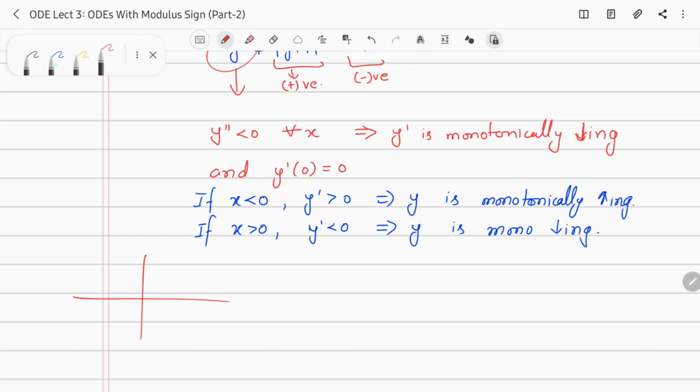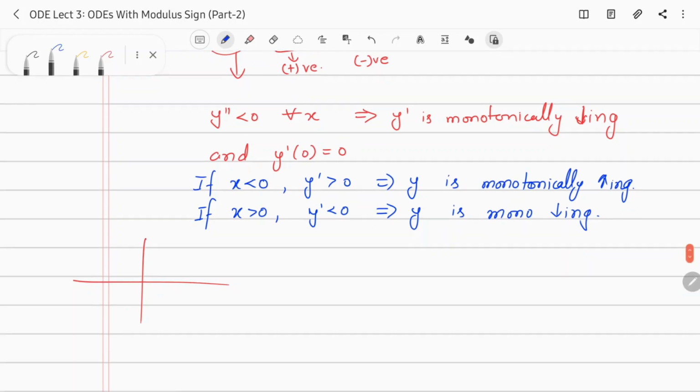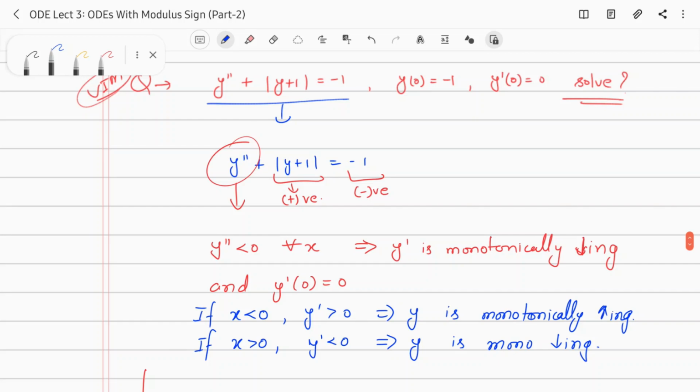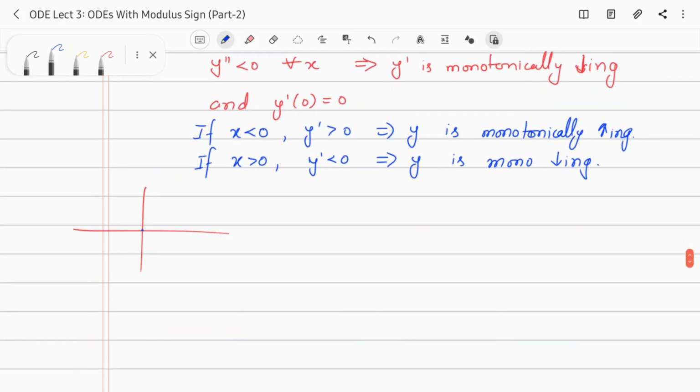Okay, so let us see this graphically. I'm plotting a rough graph of y. Since y'(0) = 0, this implies that at 0 the slope of y will be zero, and it is also given that y(0) = -1.